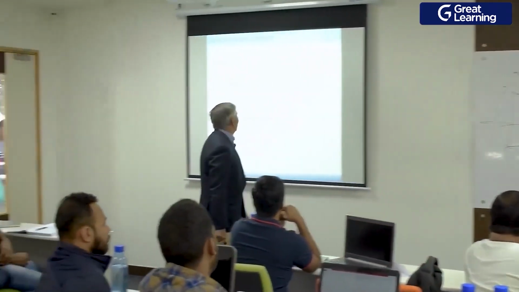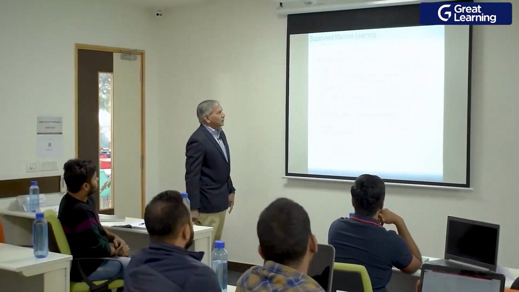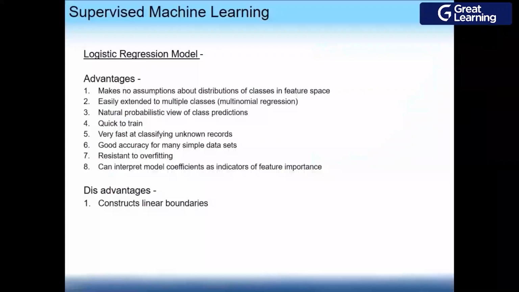You can do multi-class classification using either binomial distribution or multinomial distribution. You can also print out the probability values if you're not interested in the class: what is the probability it belongs to this class or that class?